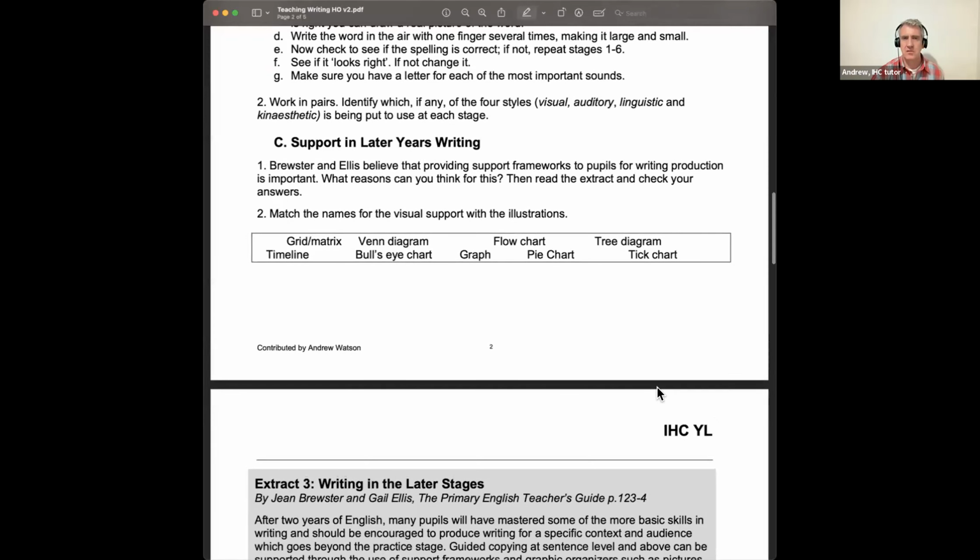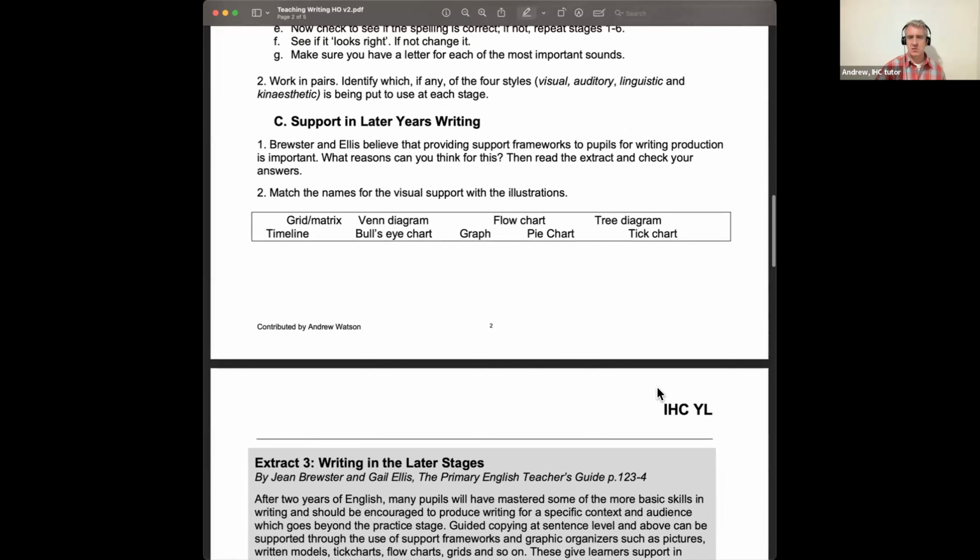Moving on, this is a longer text. It says, Brewster and Ellis believe that providing support frameworks to pupils for writing production is important.